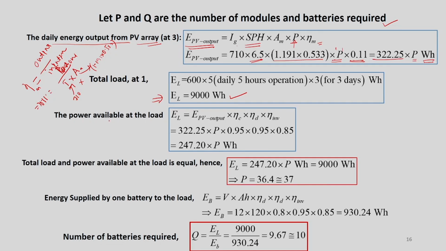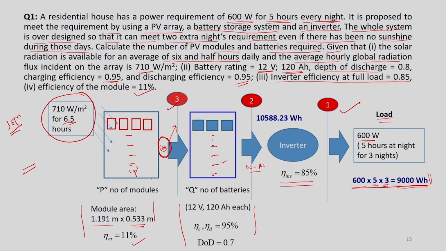And the power available at the load, if we come from the left side, okay. If I am interested to calculate this P, how much power will be available here, because we know the charge discharge efficiency and the inverter efficiency, right. So, that means 5% inefficiencies will be there and 15% inefficiencies will be there, okay.